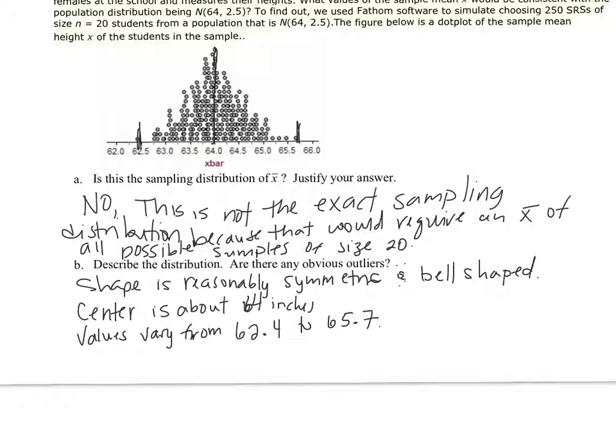And then there seem to be no outliers. It doesn't appear as if anything is really that far from the mean. So again, SOCS comes in handy: you can see the shape, center, spread, and then outliers.